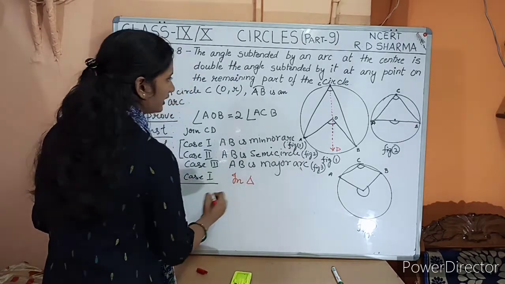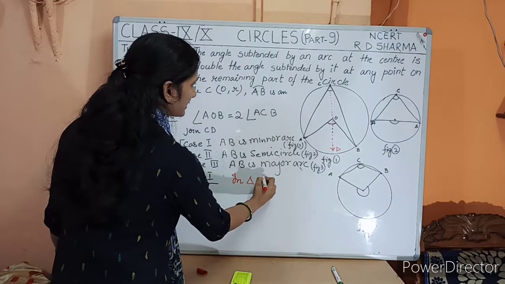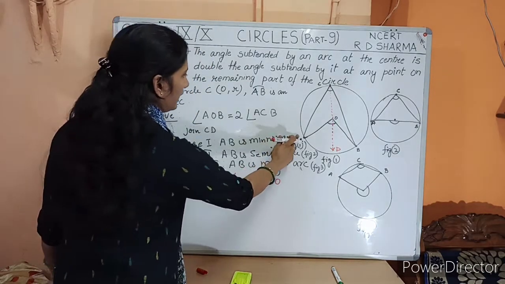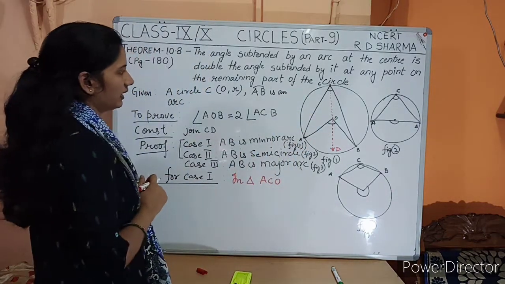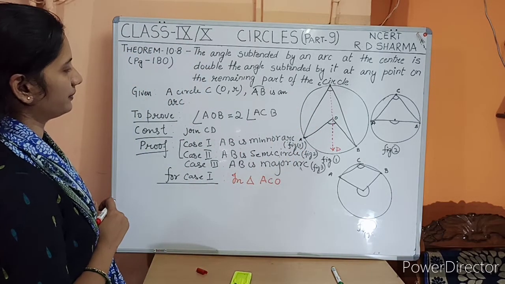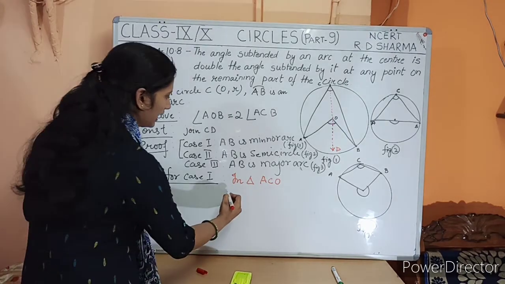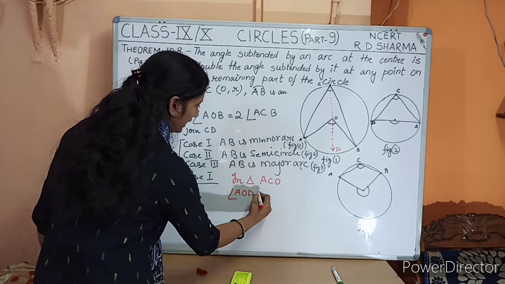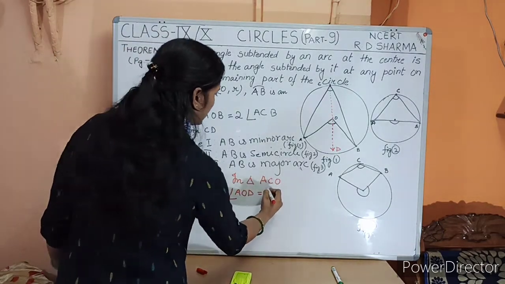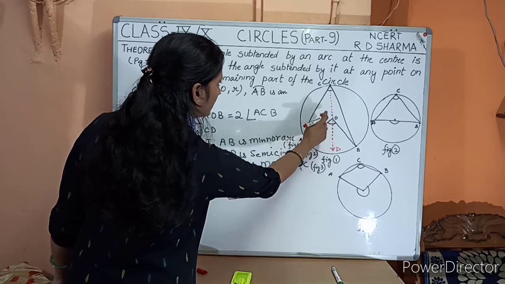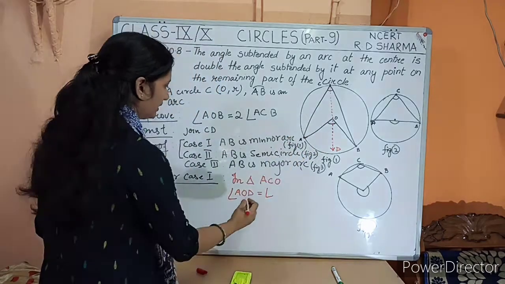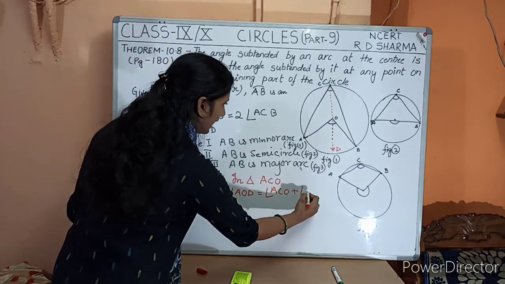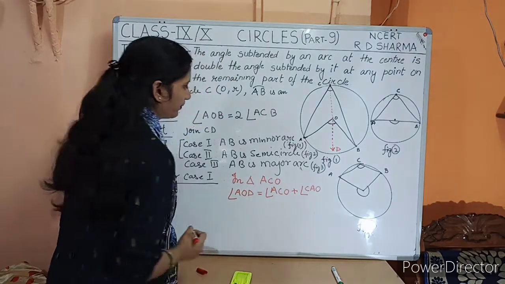In triangle ACO, now just tell me, can I write here angle AOD is equal to the sum of this plus this, meaning angle ACO plus angle CAO?